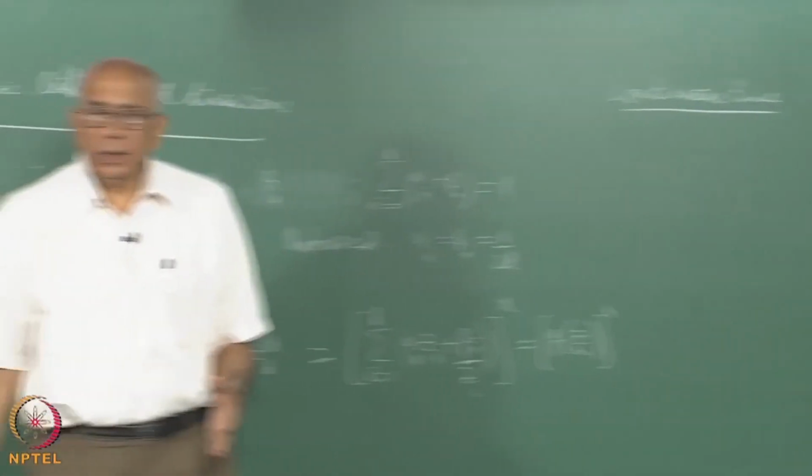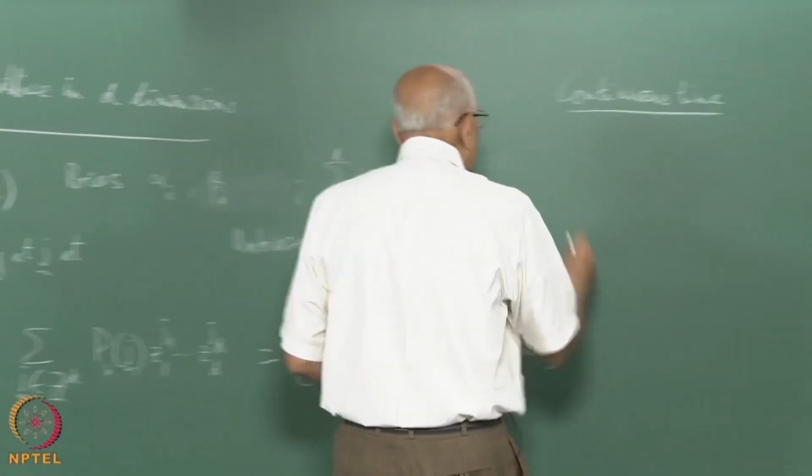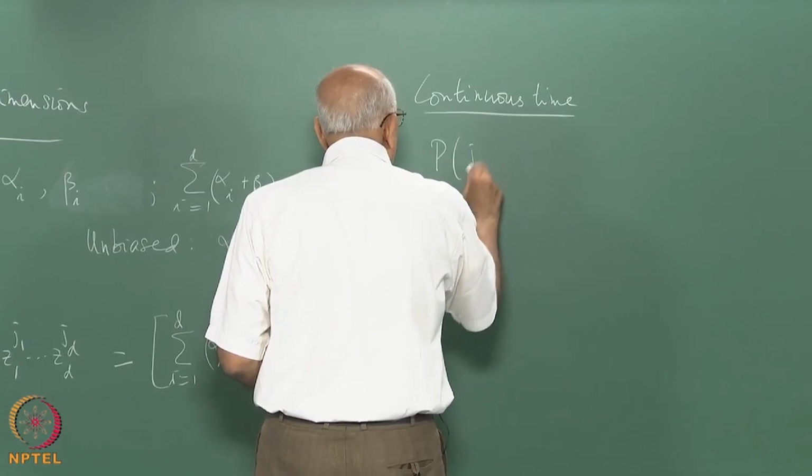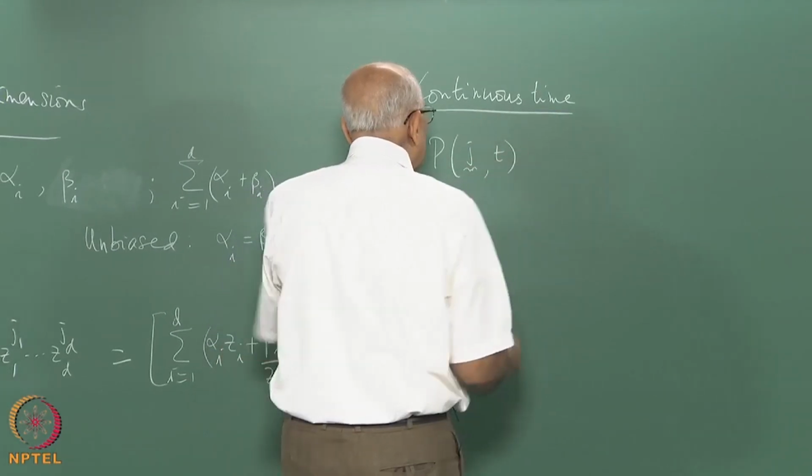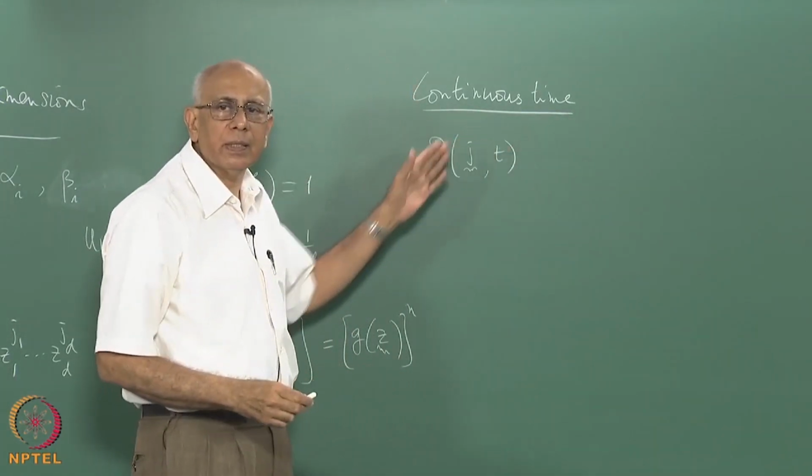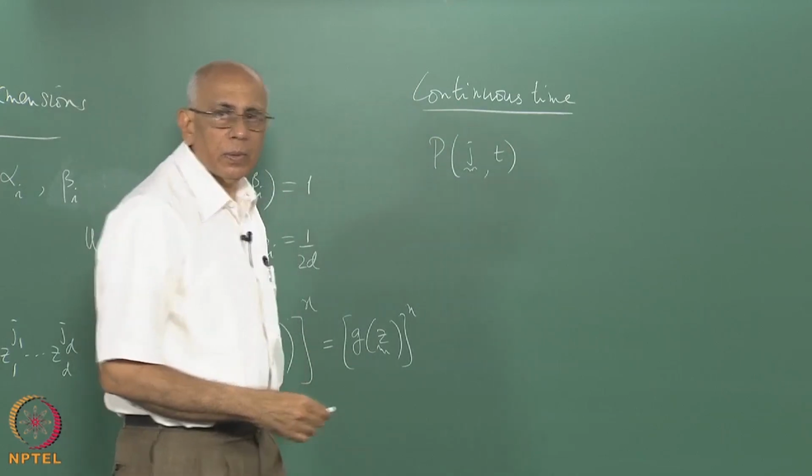And the way to do this is very simple. Now I ask, what is the probability of being at the site j at time t? Since t is a continuous variable, I put this index inside here. Okay.